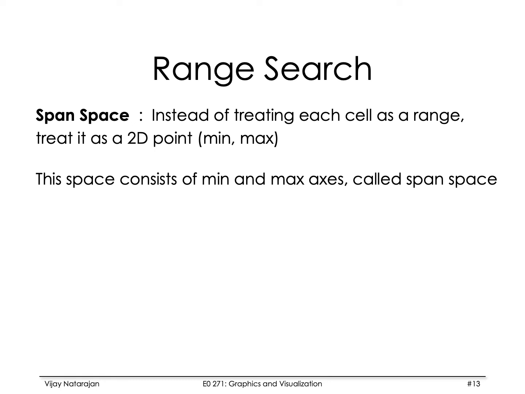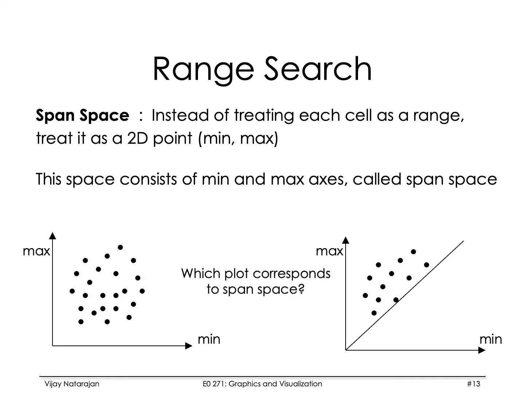So each min-max interval is now represented as a point in 2D. So the two axes here are the min and max axes, and we call this the span space.